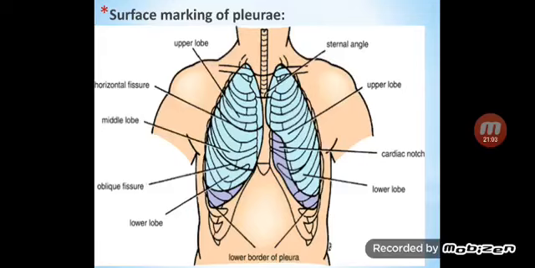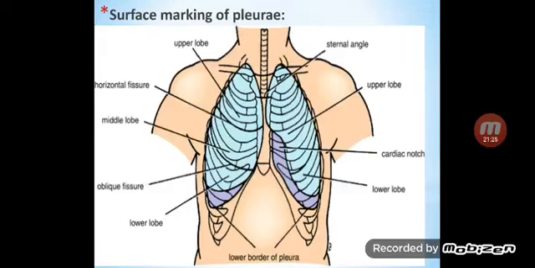What about the inferior border? The inferior border is the same in the right and left lung. It passes downwards and laterally from the xiphisternal joint. It crosses the ribs at different lines.